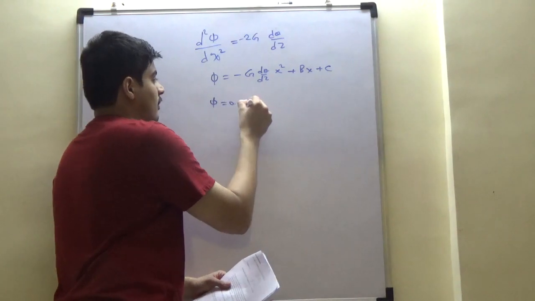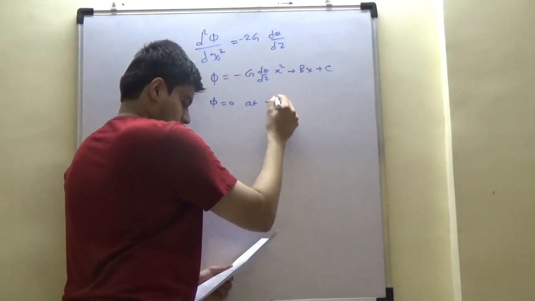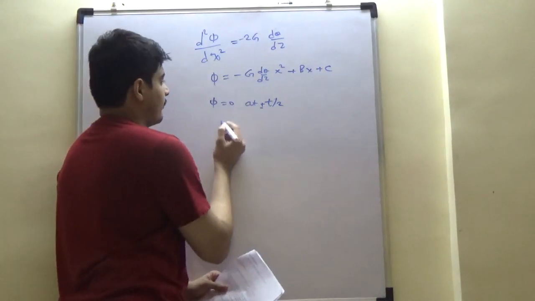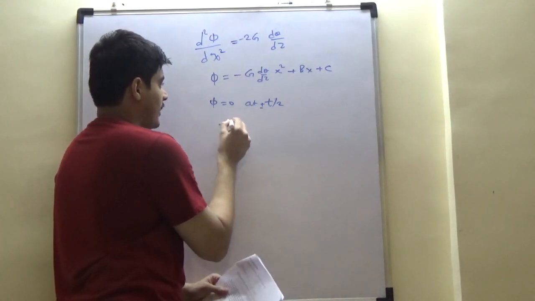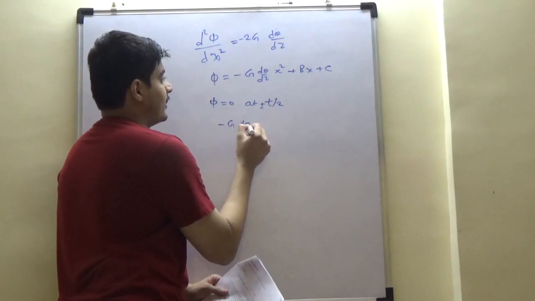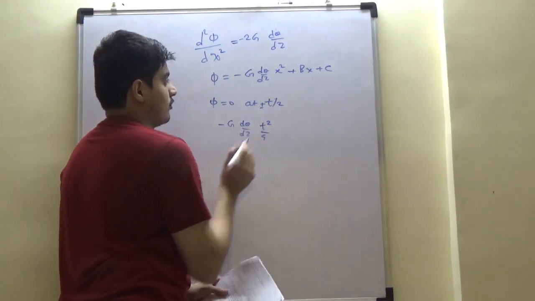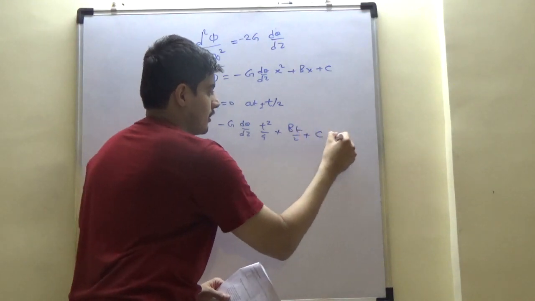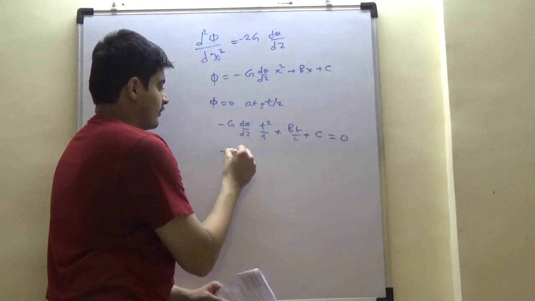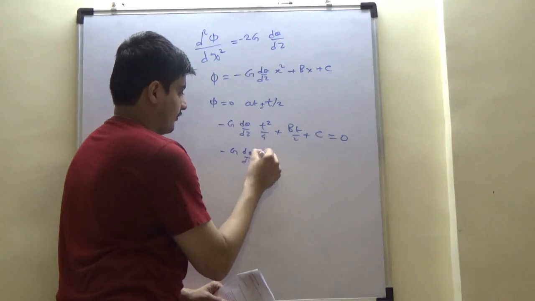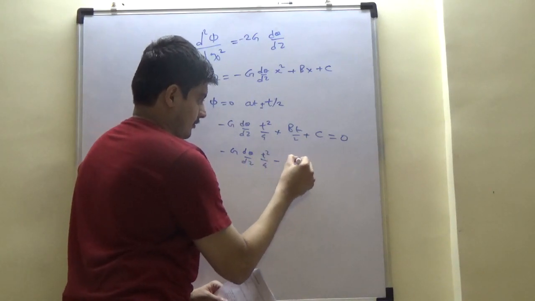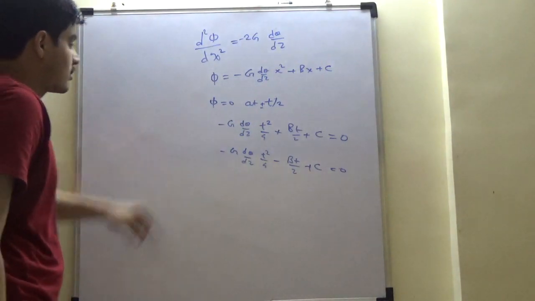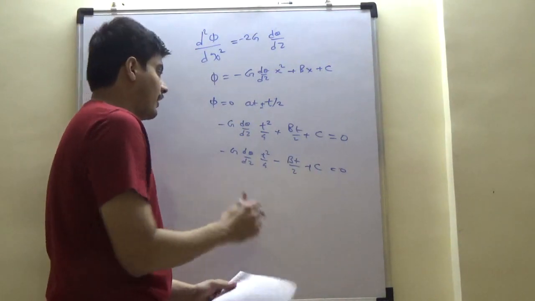Now phi is equal to 0 at x equal to plus or minus t by 2. If I substitute this, then minus g d theta by dz t square upon 4 plus bt by 2 plus c equal to 0. Two unknowns, two equations, so they can be added.